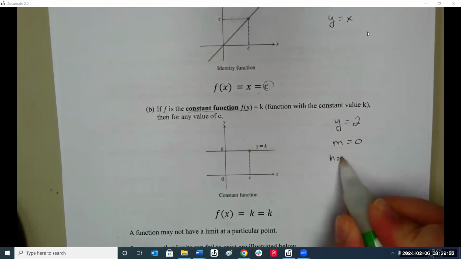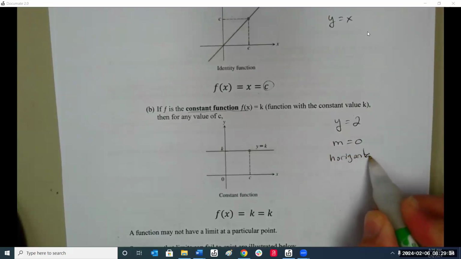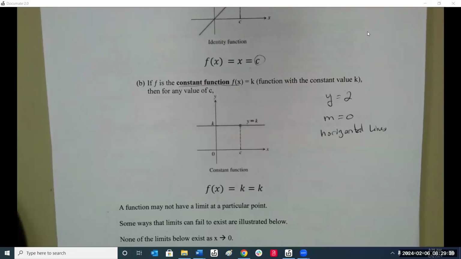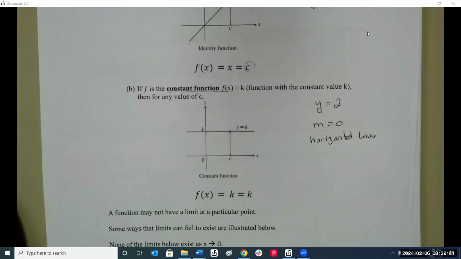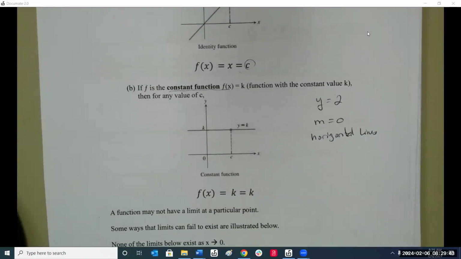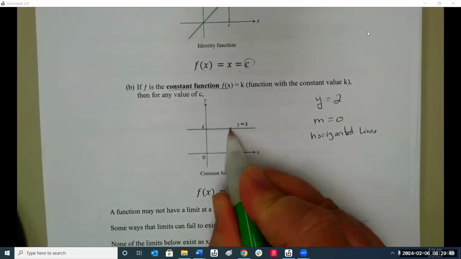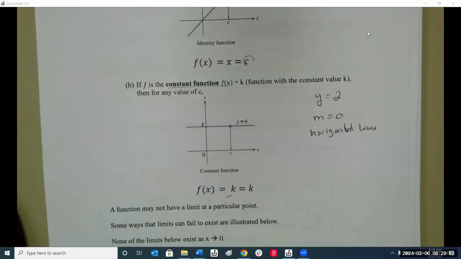There are horizontal lines. So the limit of a constant function is whatever that constant is. So even if I say I'm going to c, what is the y value? It's k. So those are the two easy functions.